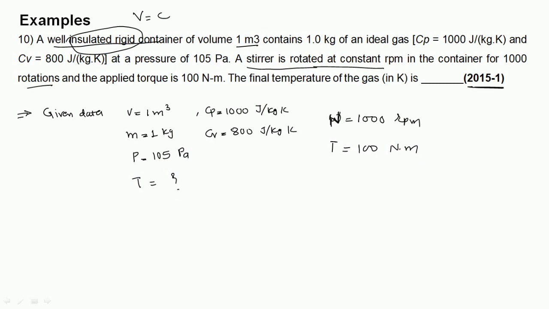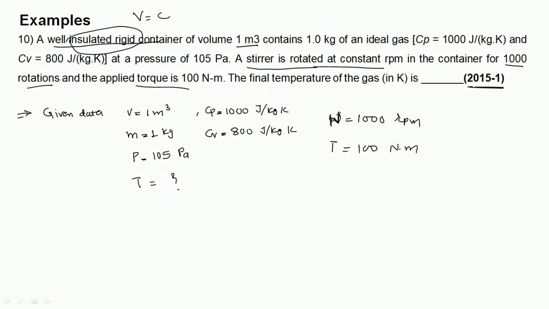The example is very interesting because so many things are given. We already discussed the example in the previous slide. There is one container, inside that there is one stirrer. The stirrer is rotated with the help of some applied torque at some RPM, and you need to find the temperature of the fluid inside the container after the rotation.